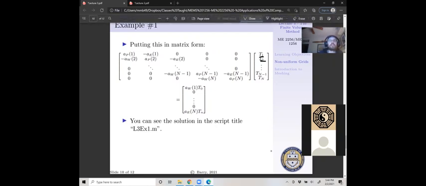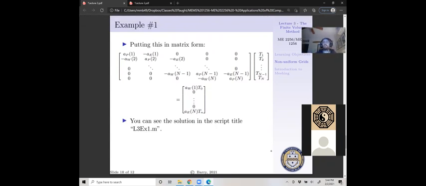For our second control volume, we had AP T2 minus A west T1 minus A east T3 is equal to 0. So we populate our A and B matrices the same. And we move all the way down.